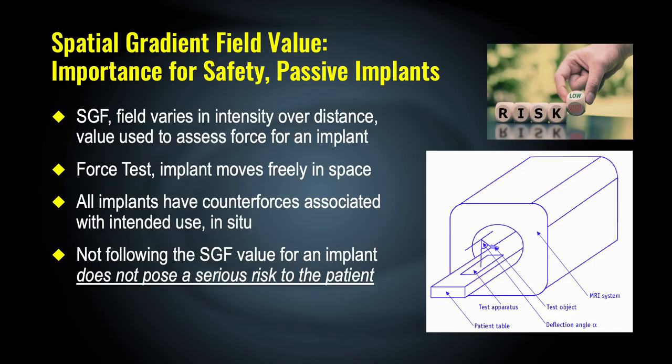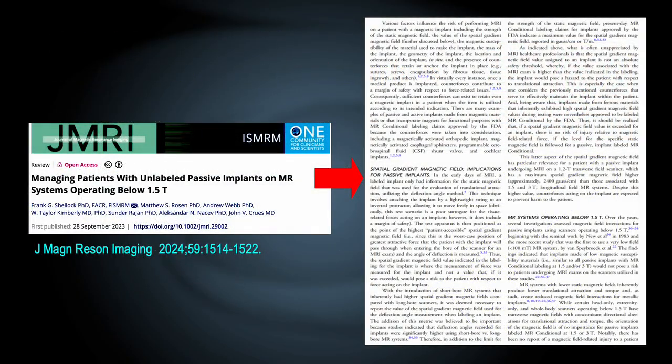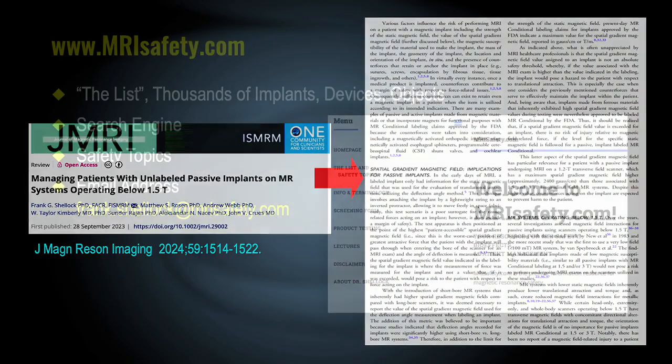Therefore, if a spatial gradient field value is exceeded for a passive implant, there is no risk of injury relative to magnetic field related force as long as the level for the static magnetic field is followed in the MR conditional labeling. The spatial field gradient information that I presented was published in 2024 as an open access article in the Journal of Magnetic Resonance Imaging.